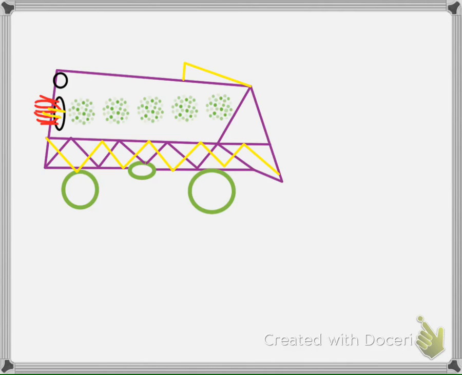It goes zooming speed, faster than that. Goes like this, or this. And you don't even know where the circles are coming from because it's so fast.